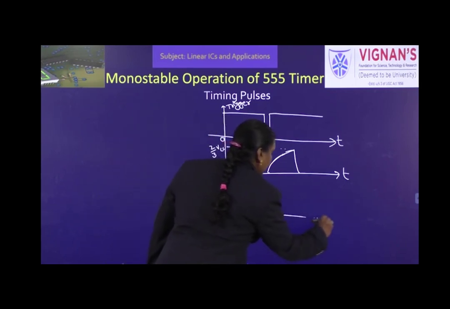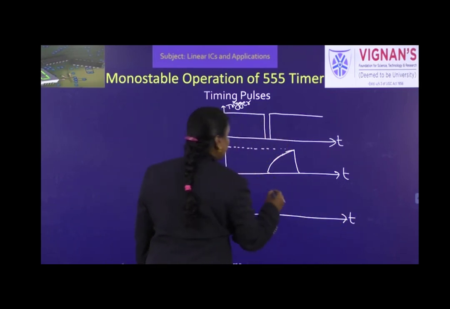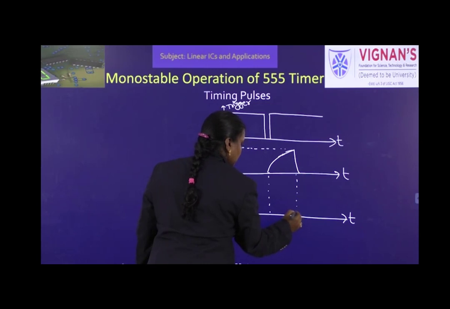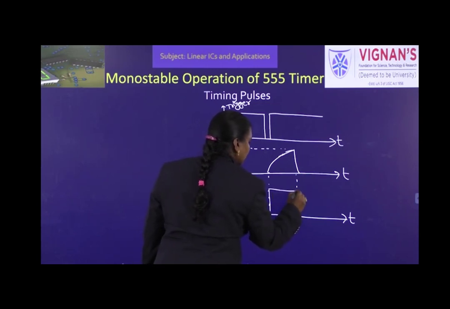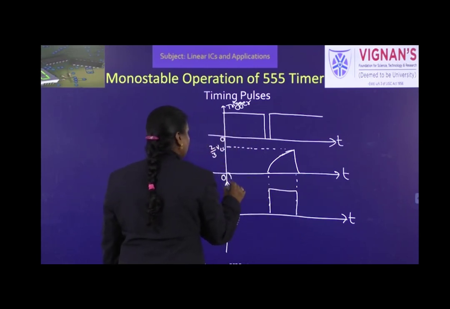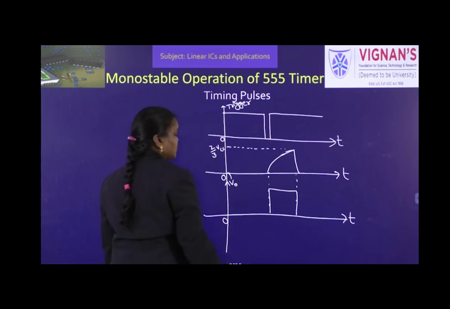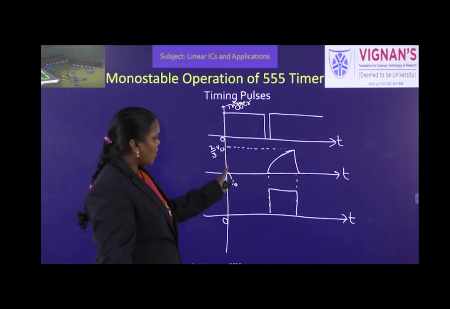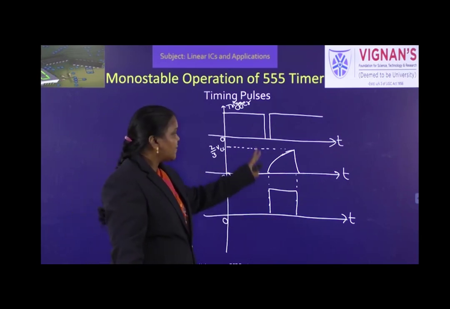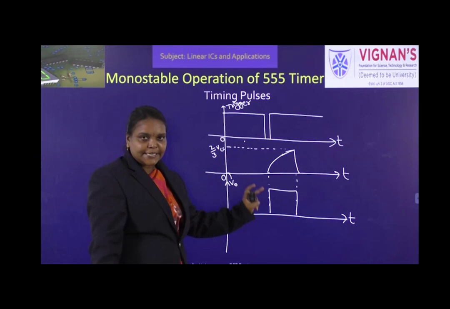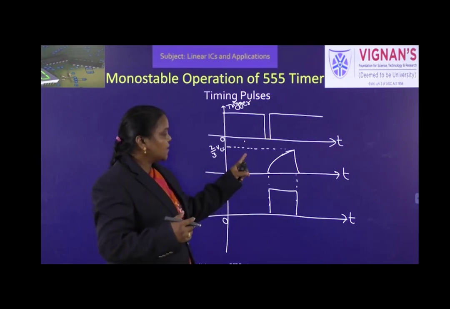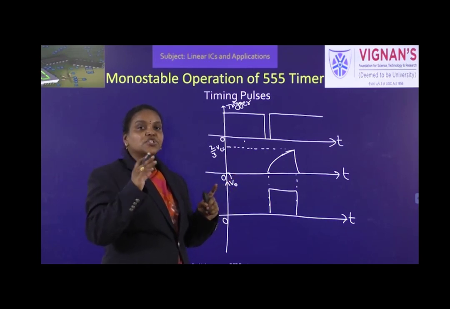And during the capacitor charging only, the output will be in on stage. The remaining times it will be off. This is output. Okay. Initially, output will be logic low only. Whenever it receives the negative going trigger pulse, and whenever it crosses 1/3 VCC, then the state of the output will be changed to logic high.